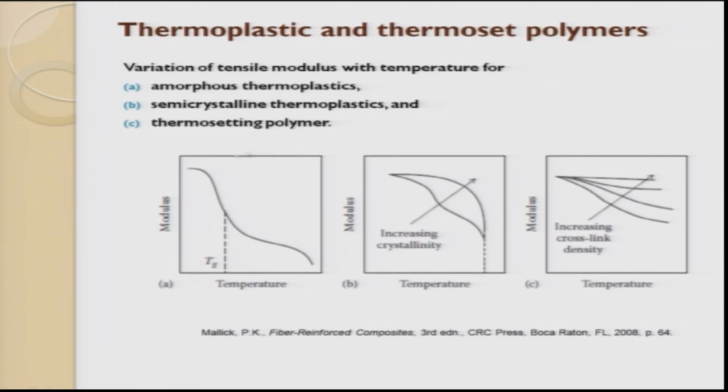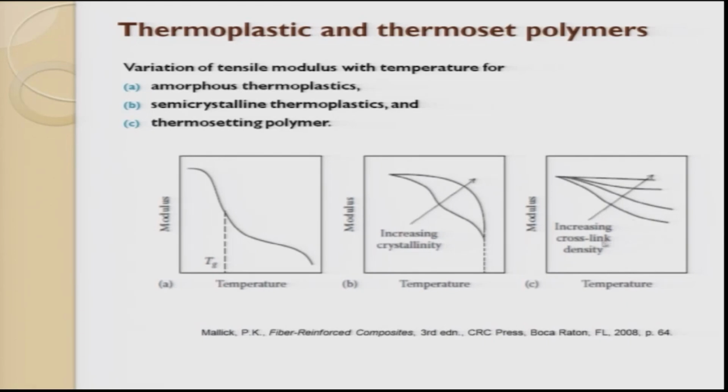You can see that the modulus falls drastically after the glass transition temperature. The crystallinity, you remember we discussed amorphous and crystalline. The moment you start increasing the crystallinity of the polymer, you can see there is an enhancement in the modulus. That means to say semi-crystalline material will have higher properties at higher temperatures also.